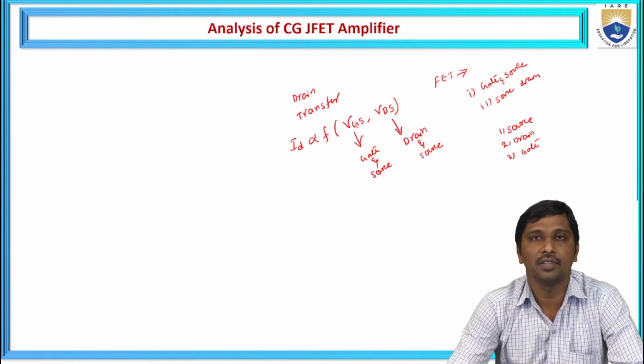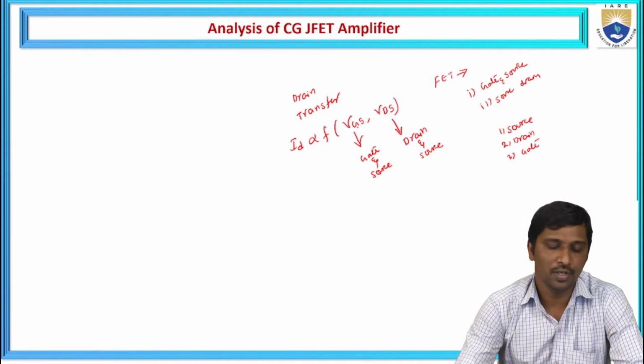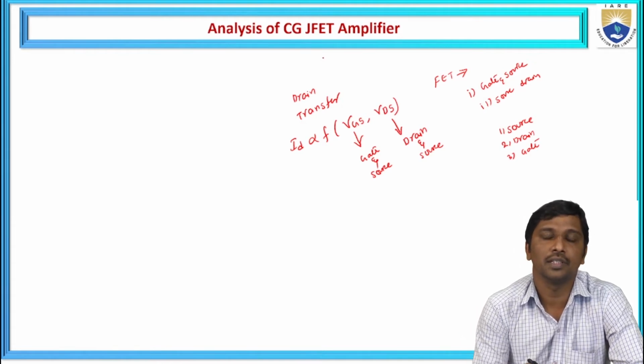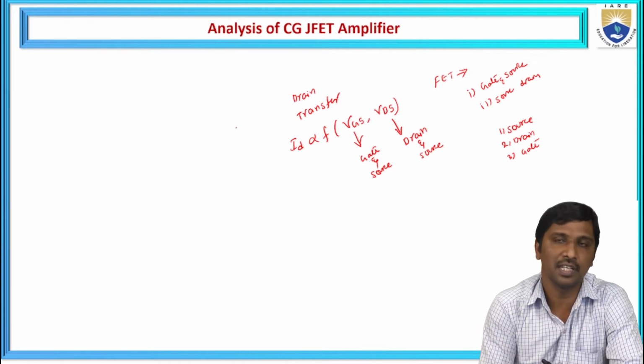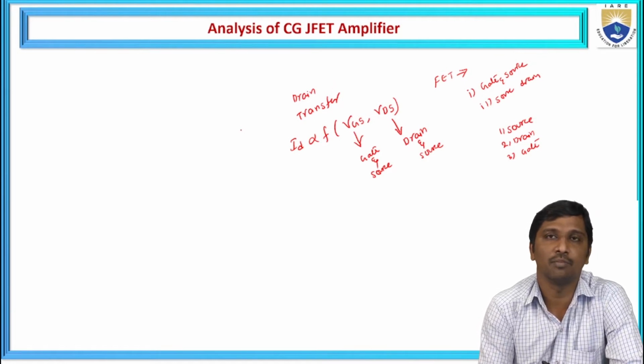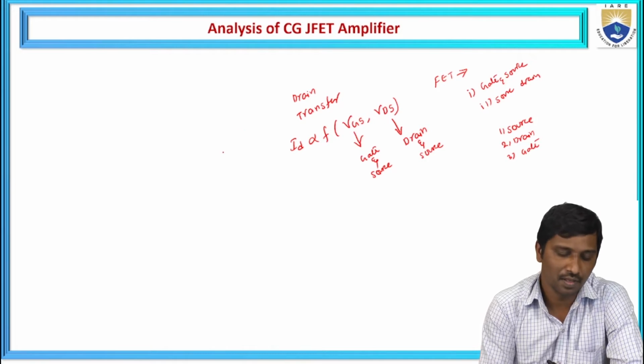To analyze this good amplifier, we are going to use a small signal model. Hence, we are going to discuss the common gate amplifier using the JFET. Before discussing this amplifier analysis, we need to define a small signal model of the JFET.